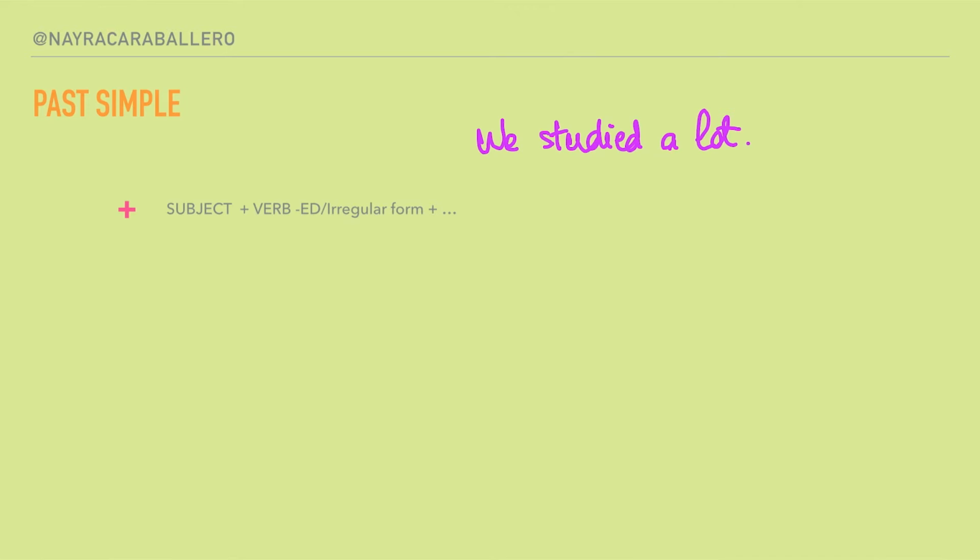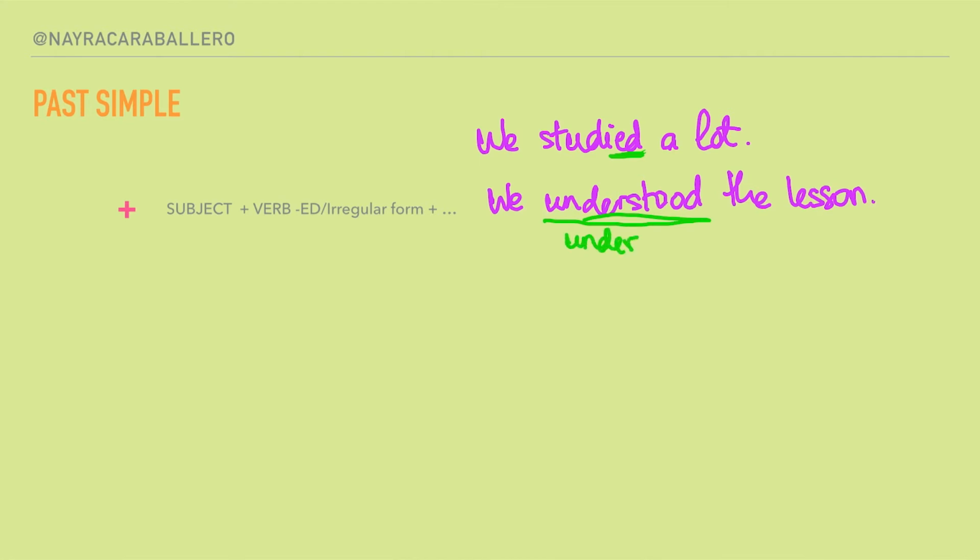Okay, studied is a regular verb, so we add an ed ending. But if we say we understood the lesson, we are using here an irregular form. Okay, this verb comes from understand.